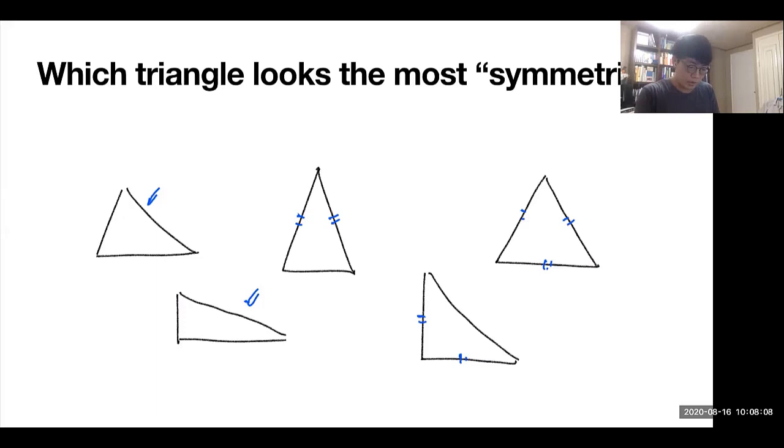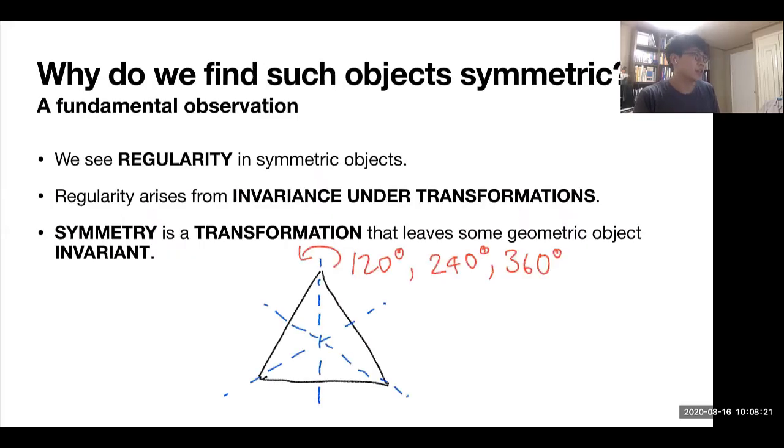So the common characteristic is that you find some sort of regularity in these particular examples. And mathematically, the fundamental observation is that the really crucial fact about these regular objects, the objects that we find more symmetric, is that they admit more transformations that leave them invariant.